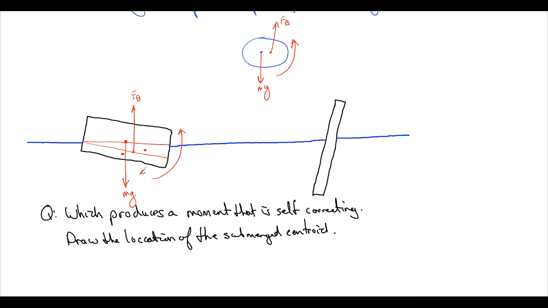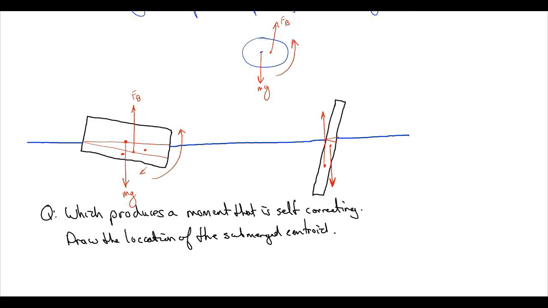Now this object over here on the right is a lot different, right? We're still going to break it down into some rectangles and a triangle. Now the triangle is so small it barely matters, right? So our buoyant force acts essentially at the center of this rectangle. I'm going to draw that up like that. And our mass acts at the center of our object, and it's going to go down.